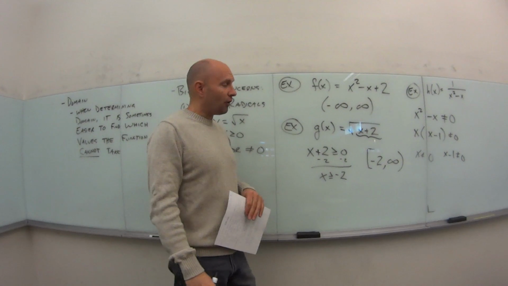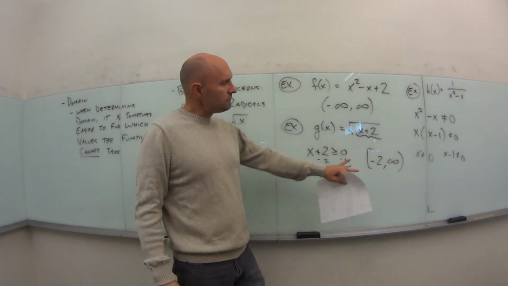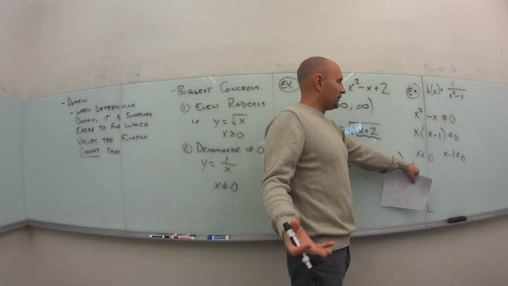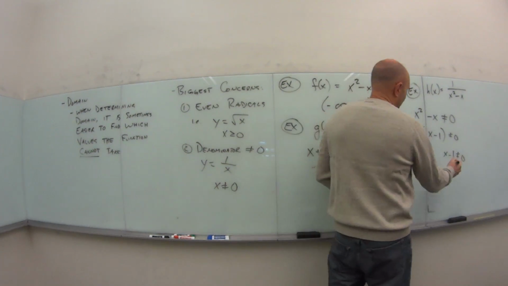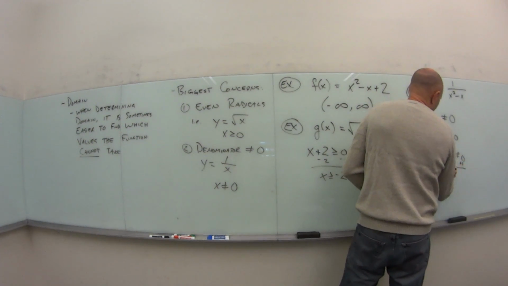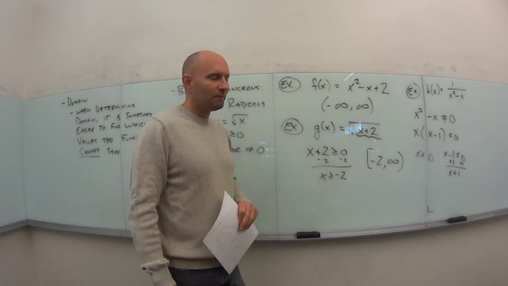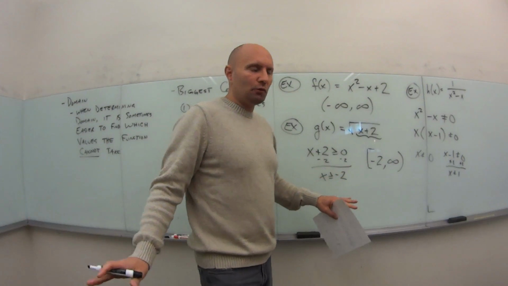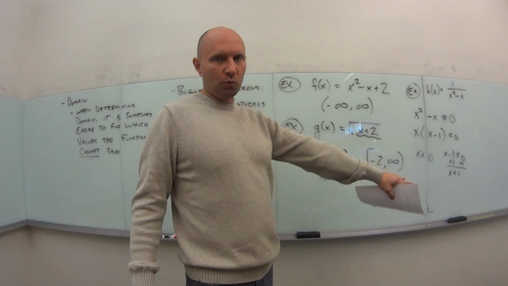Then solve them independently. So x can't be 0, that's done. x minus 1 can't be 0, so if I add 1 to both sides, that says x cannot be positive 1. So I can choose any other value I want except for 0 or 1.